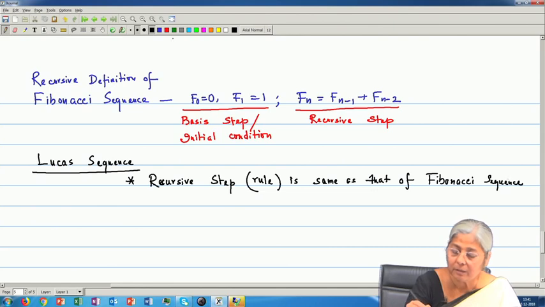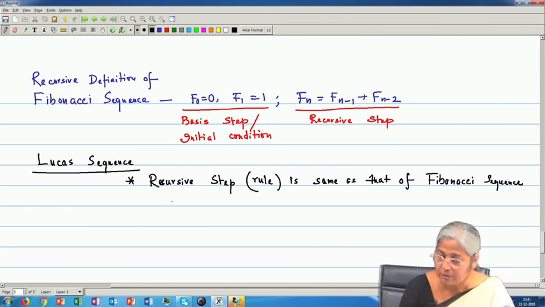That means, if we represent the Lucas sequence as L, then L n is L n minus 1 plus L n minus 2.